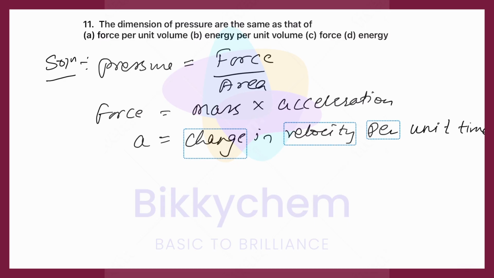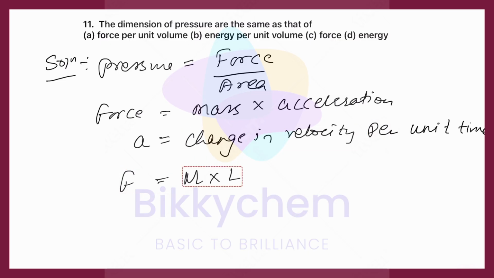So that's why our force will be mass into length. Acceleration means change in the velocity per unit time, so length into time, and you know that area means length square.